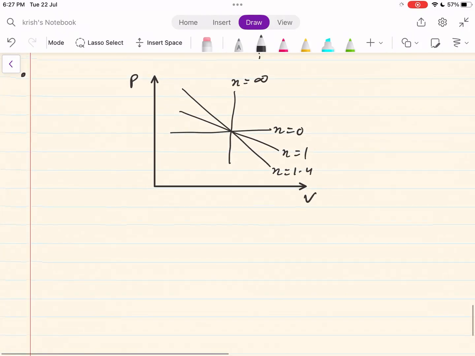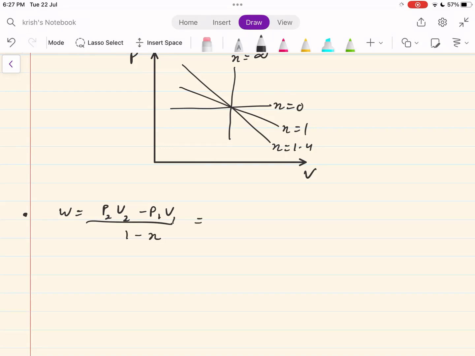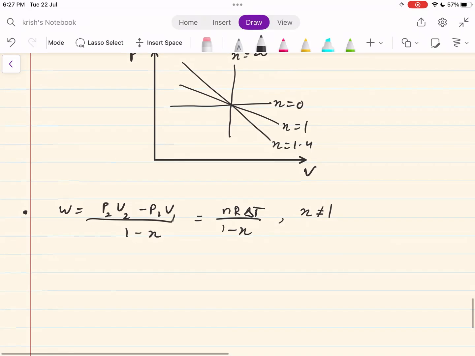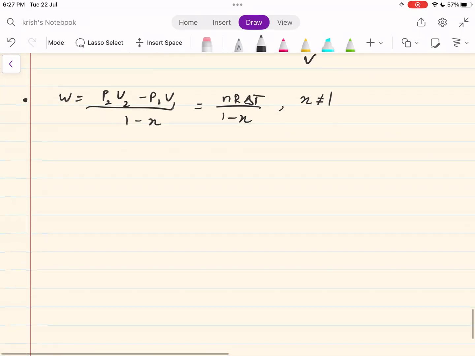This is just a graph of the polytropic process, don't need to remember it. And work is P2V2 minus P1V1 upon 1 minus x, or nR delta T by 1 minus x, where x is not equal to 1. So that was all the processes that we have seen so far. After this, we're just going to solve a couple of quick questions, right?